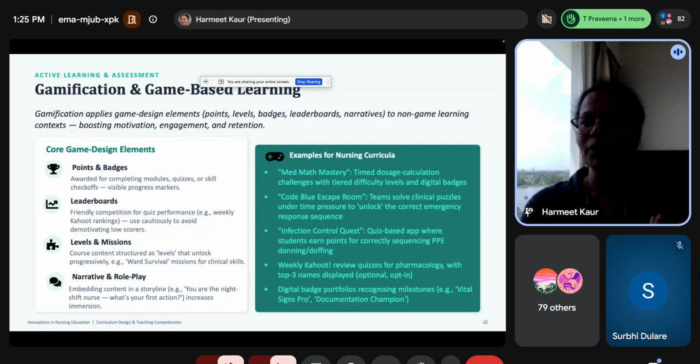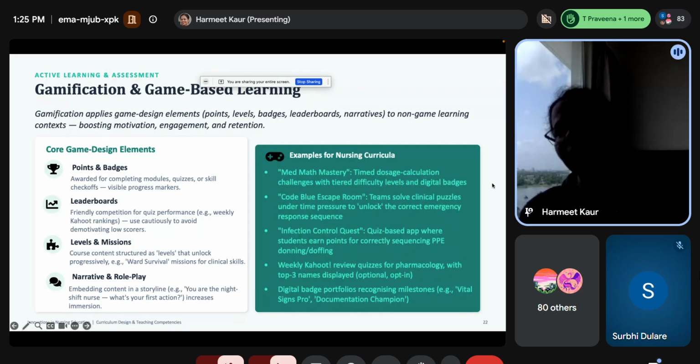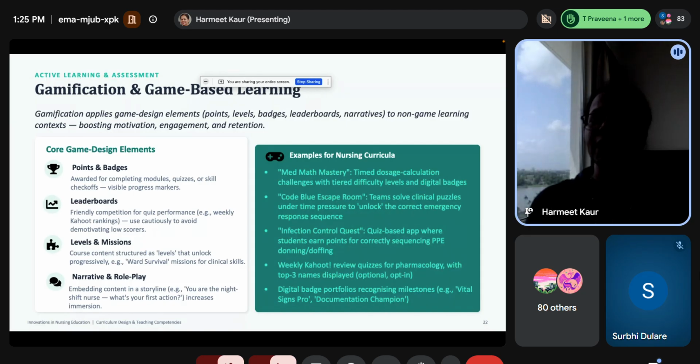Some games let students know whether they did it right and what was wrong, and then it also gives badges. Then there are tools like Code Blue escape rooms, where students learn what they are supposed to do in case of a code blue emergency. There are some clinical puzzles, and within some time they have to answer. Then it gives feedback in the end.